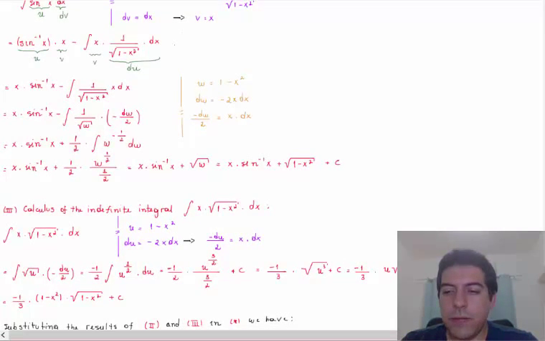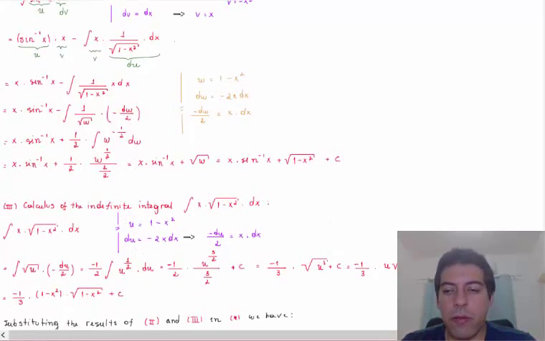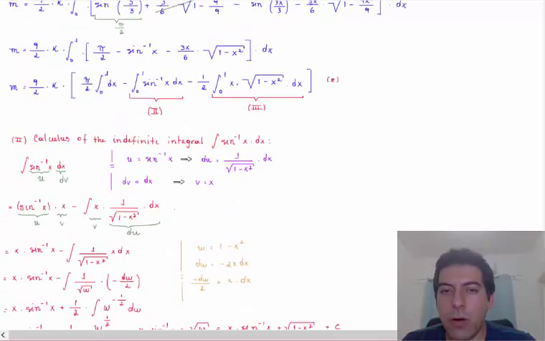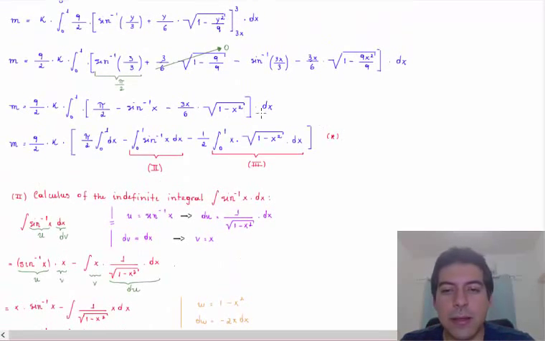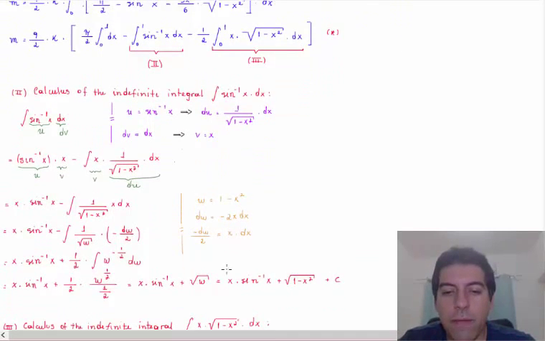So if we substitute the values of integral 2 and 3 in the start formula of the mass of the solid E, we have 9 over 2 times k times pi over 2. The integral of dx is just x, which varies from 0 to 1, so this integral right here is equal to 1, and 1 times pi over 2 is just pi over 2, minus the value of this integral we already evaluated, so we just use the integration limits 1 and 0.